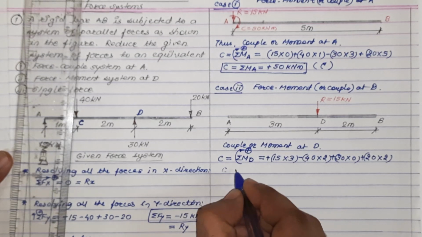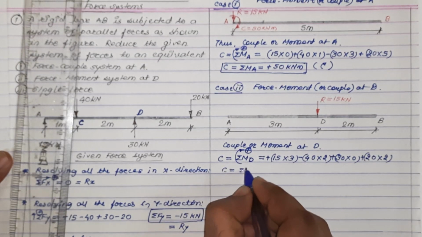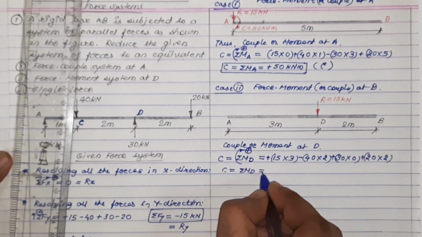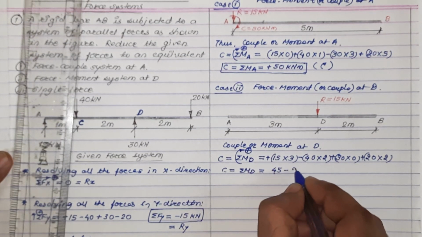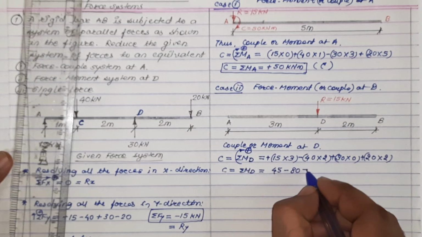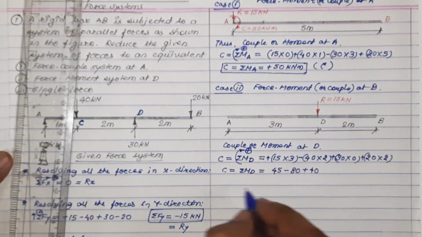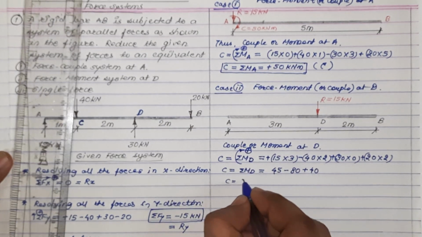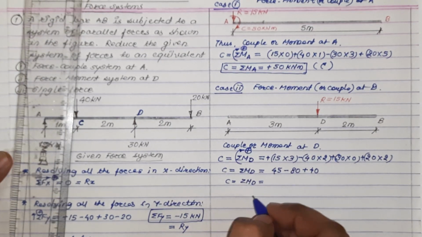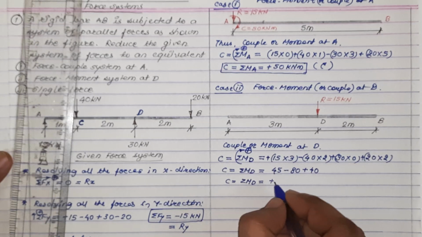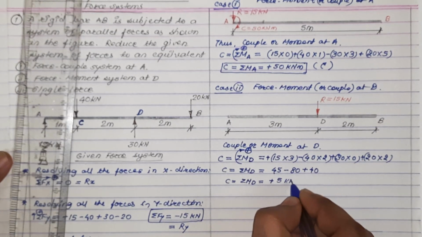Thus, C is equal to summation of moment of all the forces about D is equal to 45 minus 80 plus 40. Hence, C is equal to summation of moment of all the forces about D will be equal to positive 5 kilonewton meter.